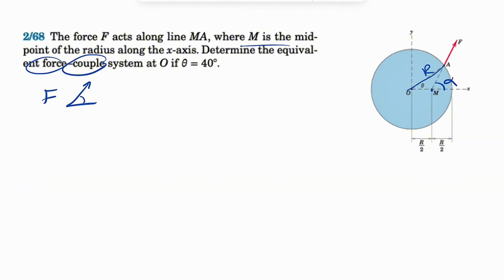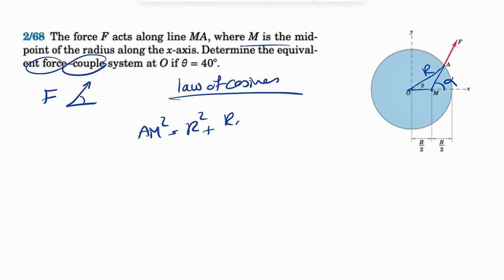If we look at this triangle that we have, we'll use the law of cosines to figure out the AM side of this triangle. So AM squared is equal to R squared plus OM, which is R divided by 2, squared, minus 2 times R times R divided by 2 times cosine of theta, which from the question we know is 40 degrees.